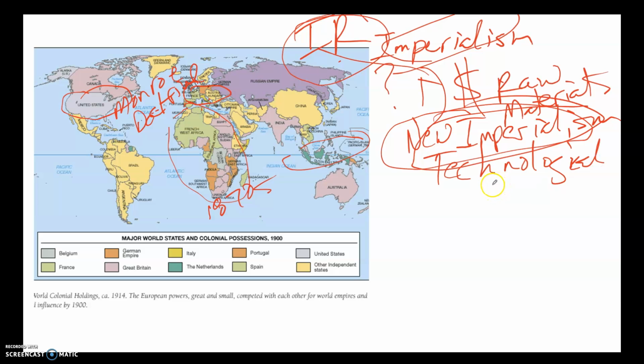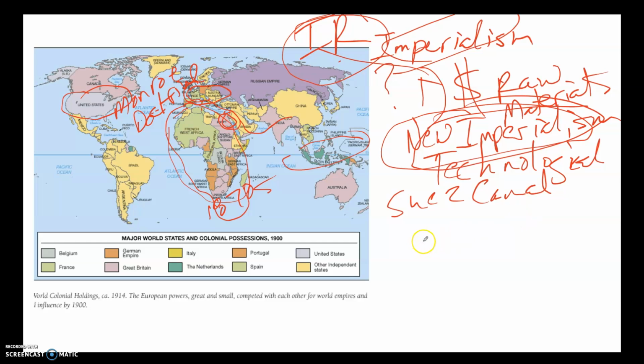Guns, steamships can get places quicker. We're going to have the Suez Canal. We're going to talk about the British taking over India. The British with steamships and the Suez Canal can get to India in half the time and not sail around Africa. So engineering, Suez Canal, again, in the latter half of the 19th century.